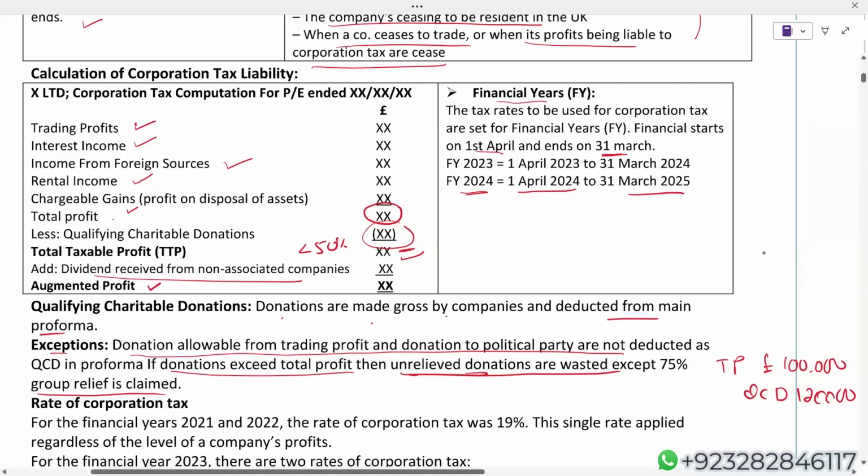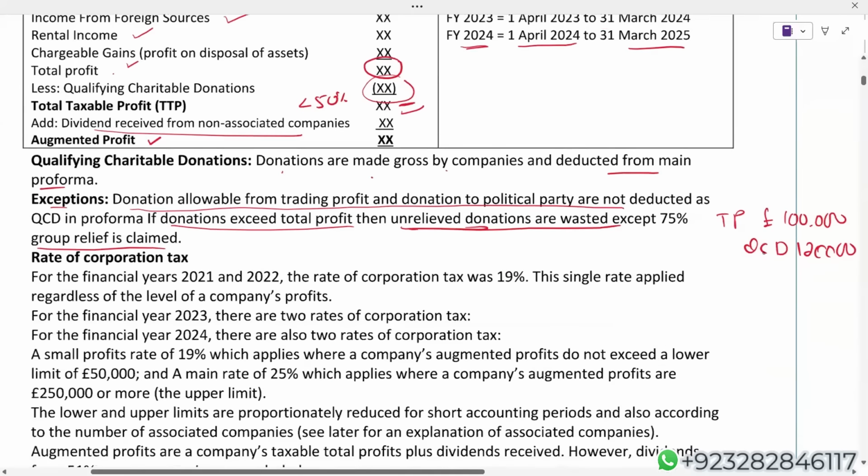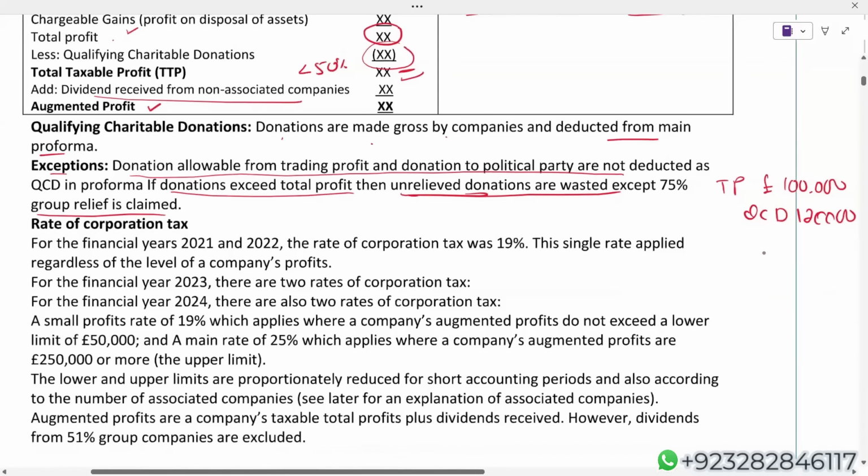But if your company is part of a 75% loss relief group, then the unutilized qualifying charitable donation, in my example 20,000 pounds, can be transferred within the 75% loss relief group and utilized. But the main concept is, first you utilize your own qualifying charitable donation against your total profit. Unused qualifying charitable donation can be transferred within a 75% loss relief group.